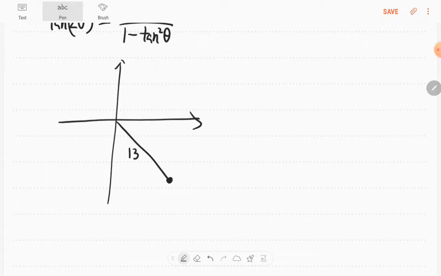Remember that cosine theta equals x over r, so the x-coordinate is 5. What about the y-coordinate? We can use the Pythagorean theorem. This side is 5 because the x-coordinate is 5.